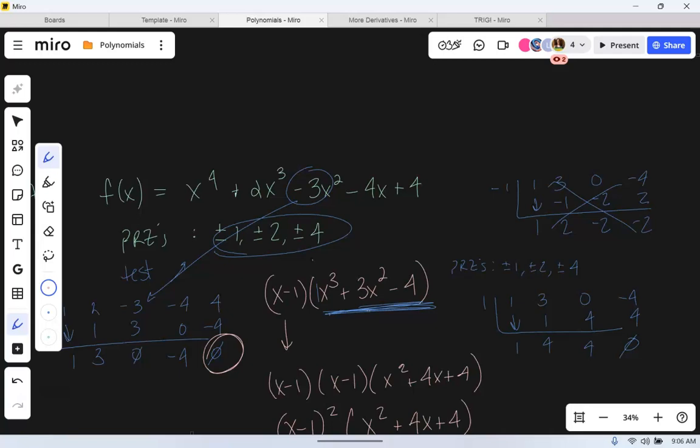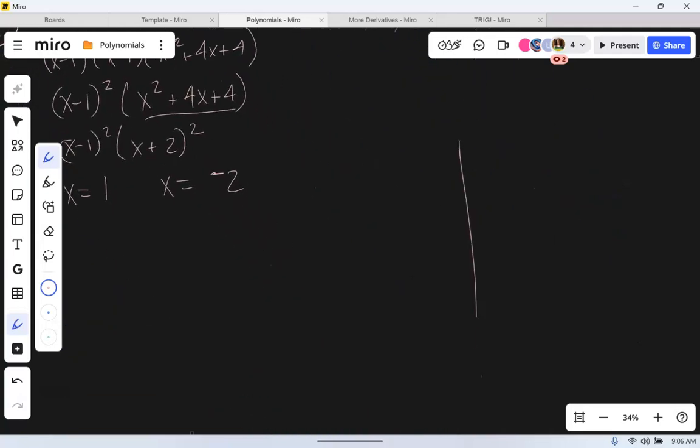I want you to look at this polynomial. What does the end behavior look like? Are they going opposite? Are they going same? In which direction? Sophia says this. Does everybody agree? Why? Even, positive. So without doing anything else, I know both ends are up.